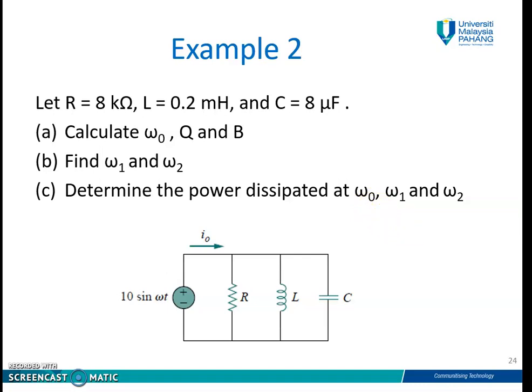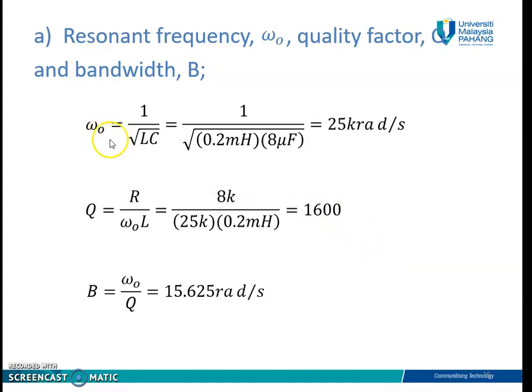For the first one, we want to calculate the resonance frequency omega naught, the quality factor, and also the bandwidth. Omega naught is equal to 1 over square root of LC, using the equation given in the previous slide. So we get 25k radians per second. For Q, R divided by omega naught times L. Since we already have the value of omega naught, we use this equation, and we get Q equal to 1600.